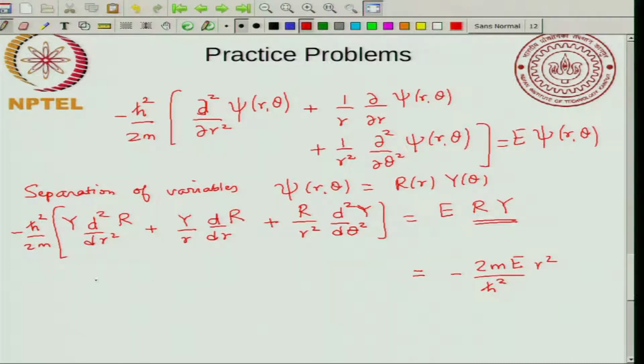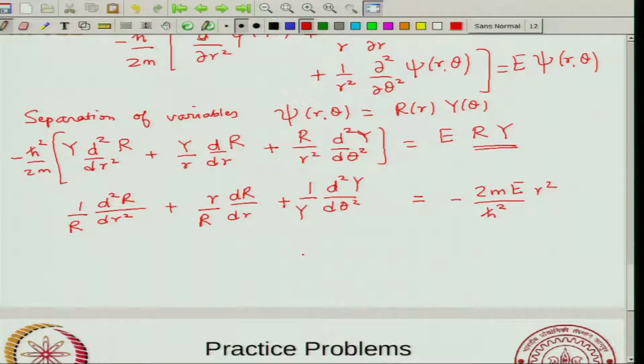And what I get here is d square R by d r square times 1 by R, plus r times dR by dr divided by R, plus d square Y by d theta square times 1 by Y. So, we just rewrote the Schrodinger equation after separating variables.